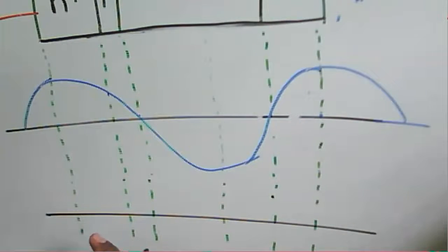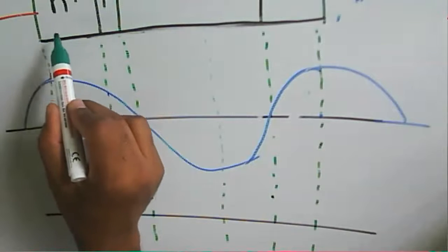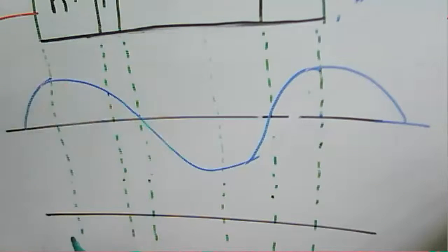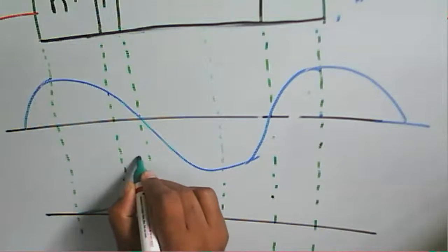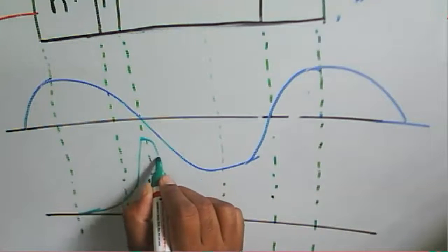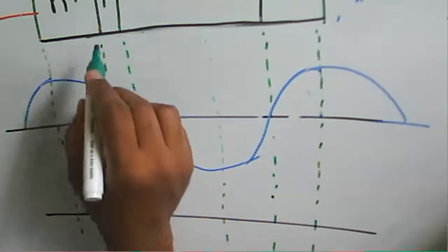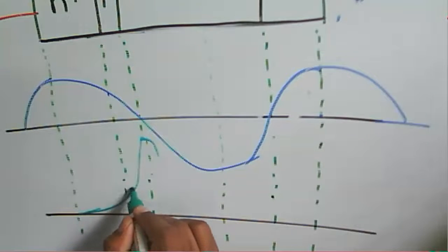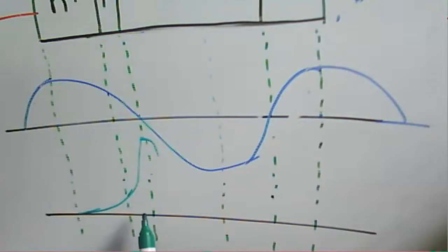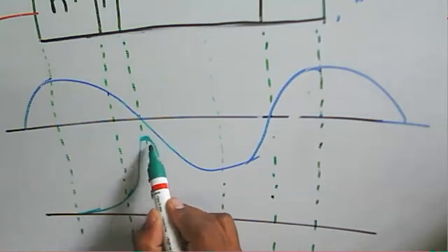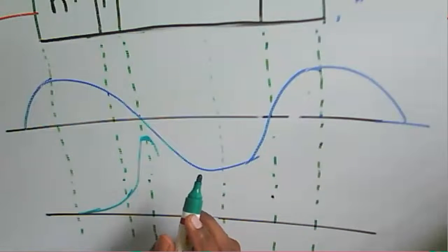Initially, when we apply the breakdown voltage here, the current starts to increase. The current increases exponentially, and it will be maximum at this junction. So it will be a maximum.